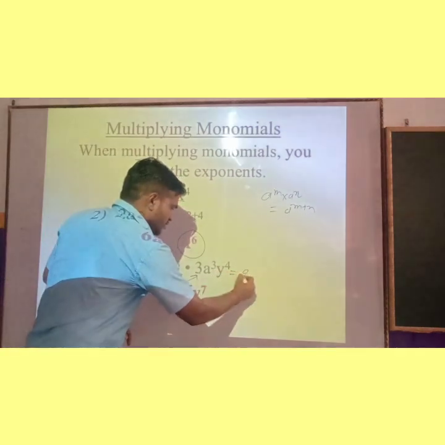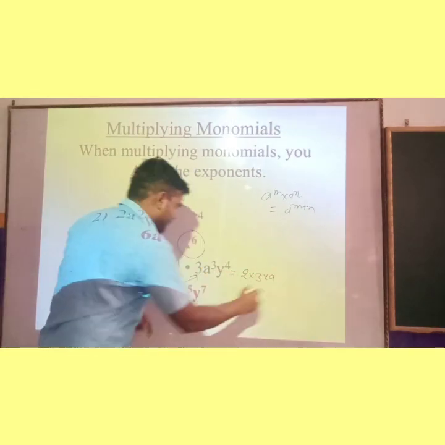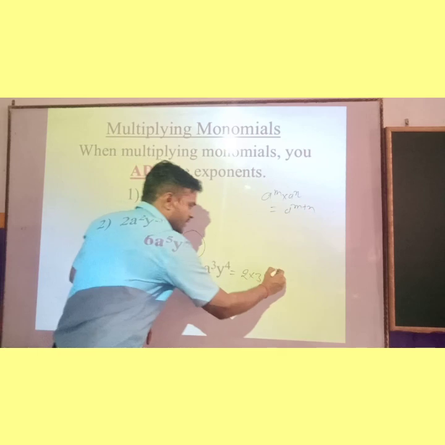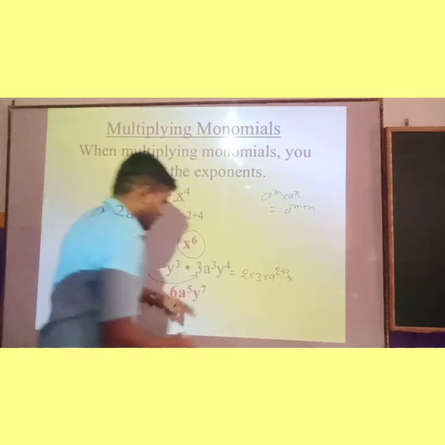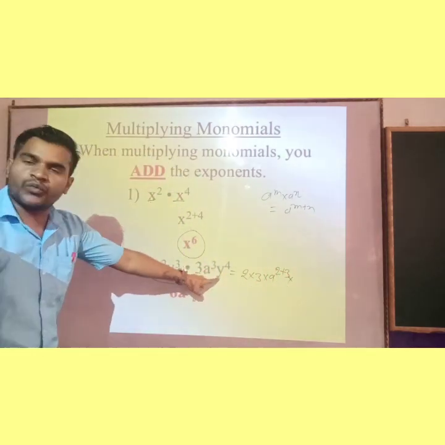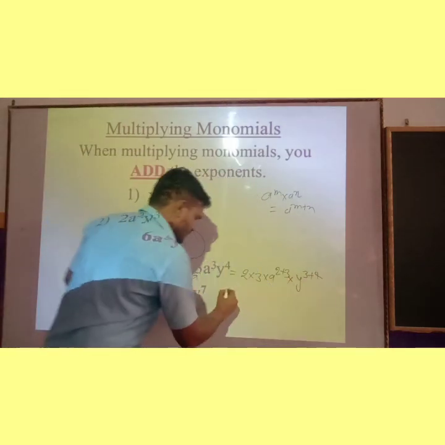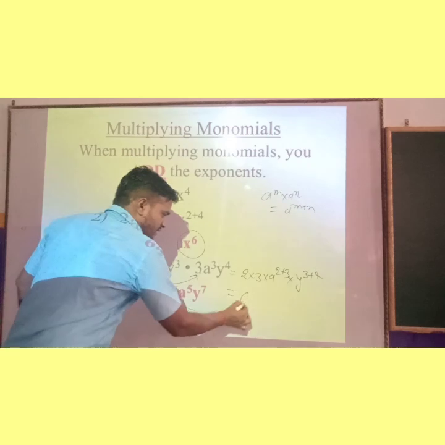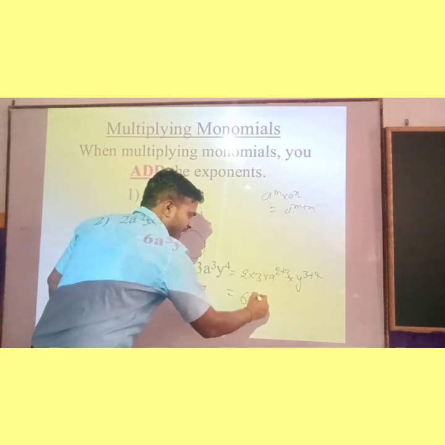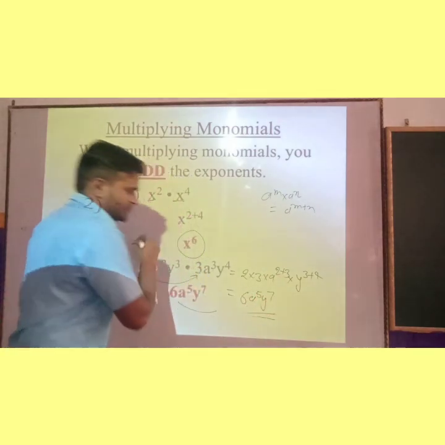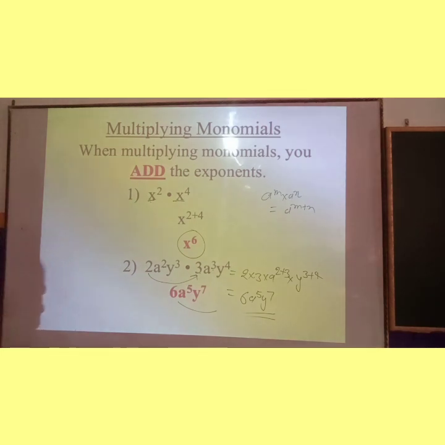Means like that 2 into 3 into a power 2 plus 3 into y cube, and here y power 4. So that will be y power 3 plus 4. 2 3s are 6 and a power 5 and y power 7. This is your answer.